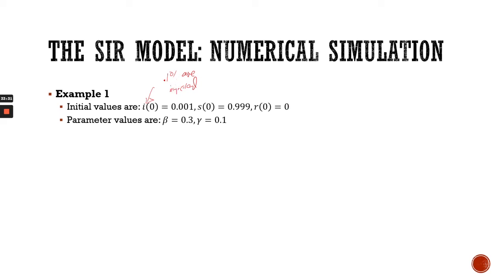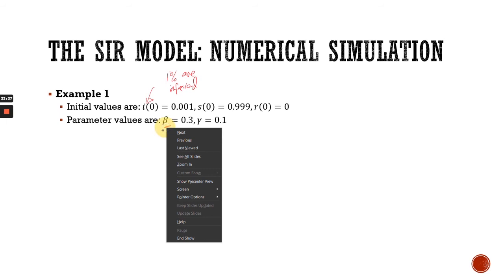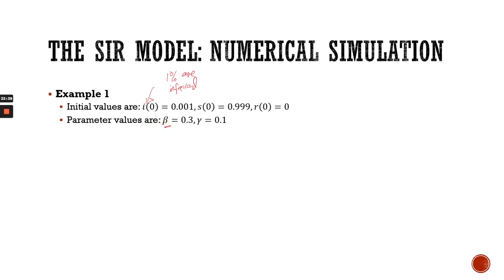Isa ka buong, or the 0.1%. And then we assume these parameter values. This is for the infection rate, and this is for the recovery rate of 0.1. Okay? So we have to do ato siyang i-program ni siya.